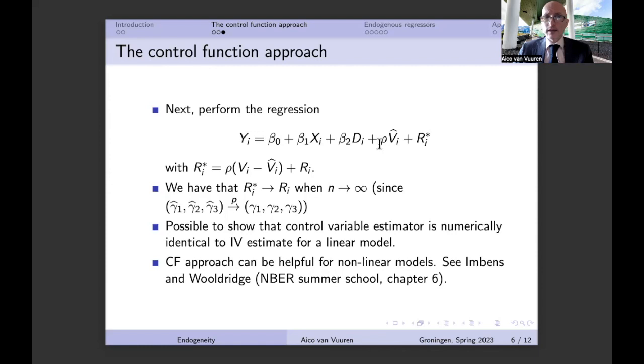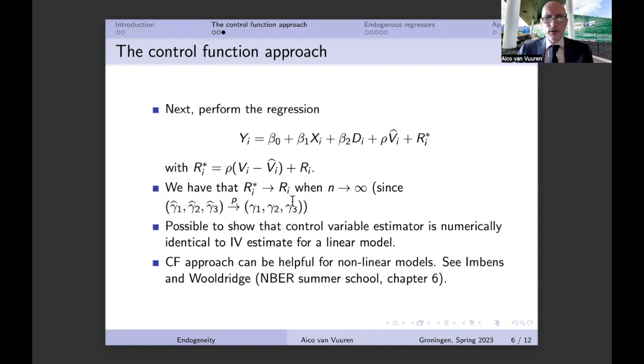Now you might of course say, well, then we actually haven't gained anything. That's not completely true. There is still one nice thing, and that is that we know that gamma 1 hat, gamma 2 hat, and gamma 3 hat are going to converge in probability to gamma 1, gamma 2, and gamma 3 that we have over here.